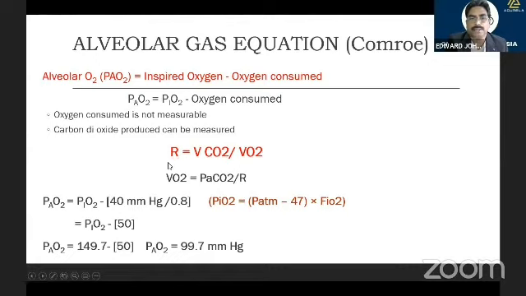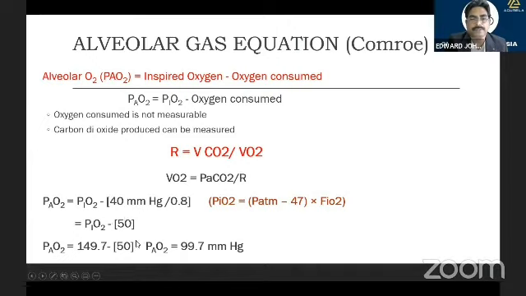The ratio of carbon dioxide production to oxygen consumption is called the respiratory quotient. It is 0.8. So if you know the respiratory quotient, 0.8, and the arterial PaCO2, then you can calculate the oxygen consumption. Oxygen consumption equals PaCO2 divided by R. PaCO2 is 40, R is 0.8, so it comes to around 50.